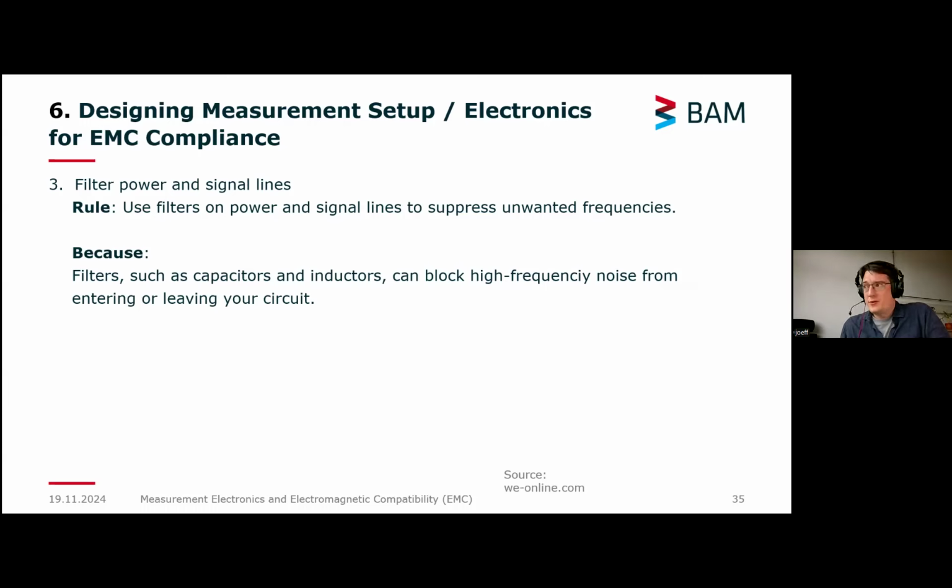Most oscilloscopes and more expensive measurement devices already have filters included. But if you use some old analog oscilloscope, for example, you might pick up even more of those noises.